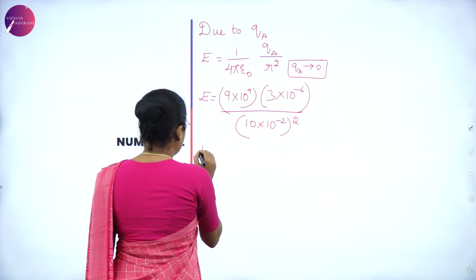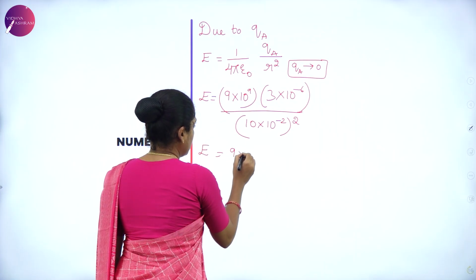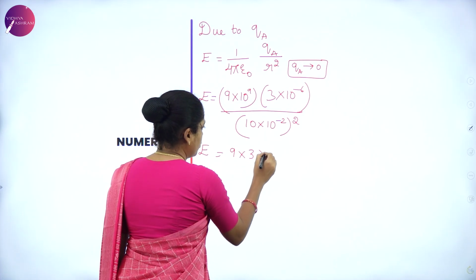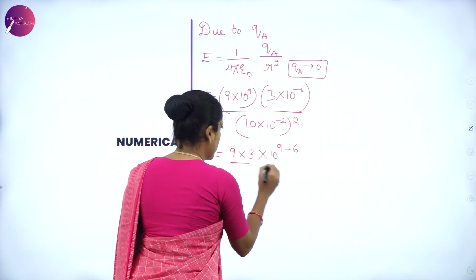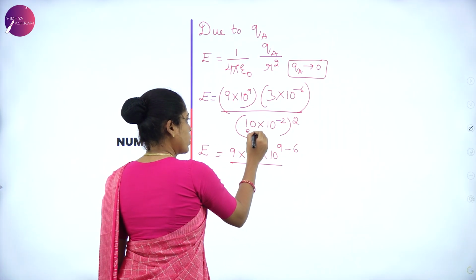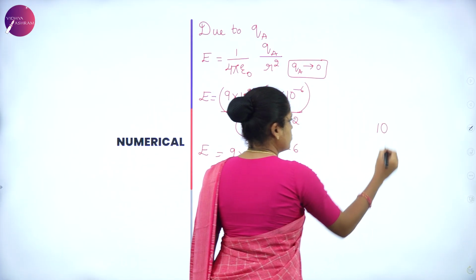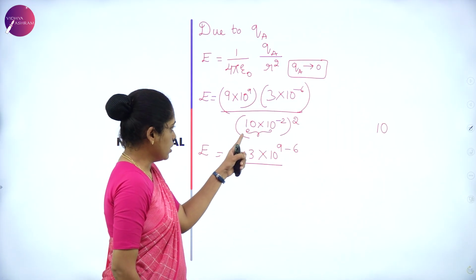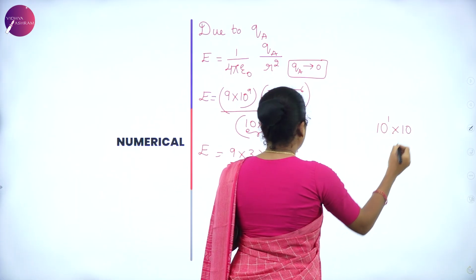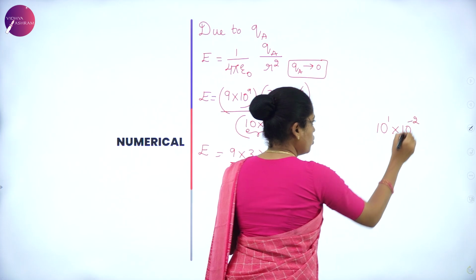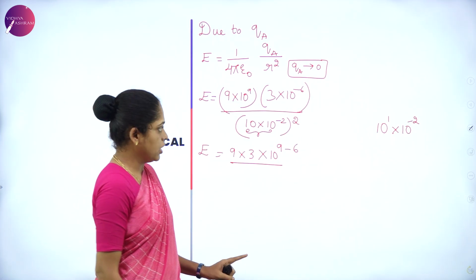Yes, now let us simplify this. 9 into 3 into 10 power 9 minus 6 divided by this, you can write it as 10 power minus 1. How? 10 power 1 into 10 power minus 2, as it is converted into meter from centimeter.